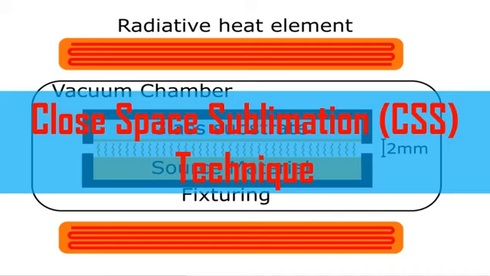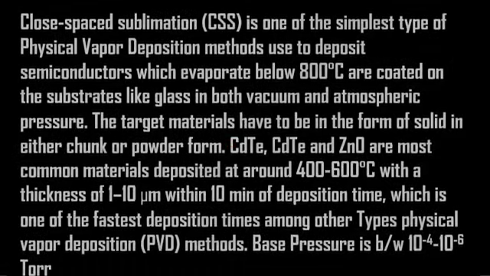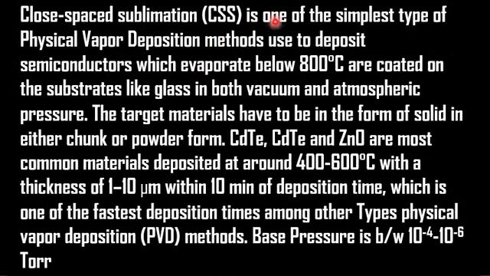So now let's discuss the closed space sublimation technique in a brief, thorough fashion. Students, closed space sublimation is one of the simplest types of physical vapor deposition process used to deposit a semiconductor which evaporates below 800 degrees centigrade.